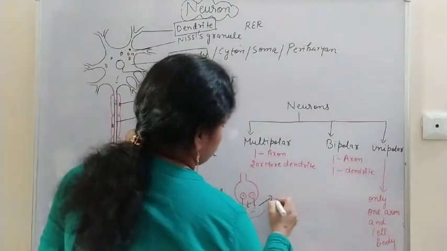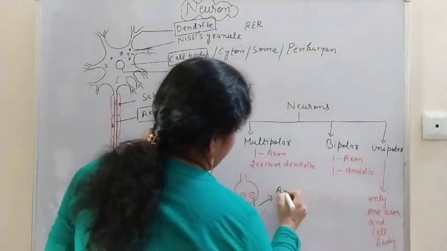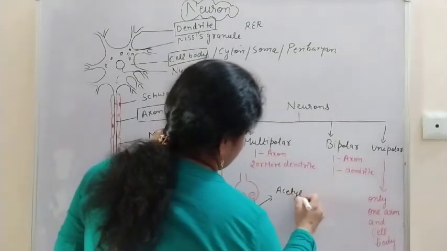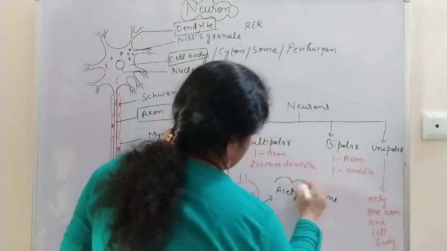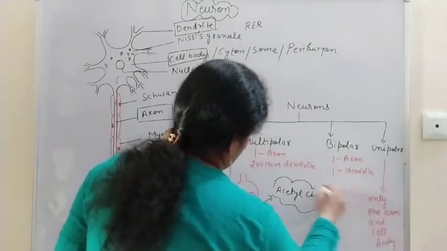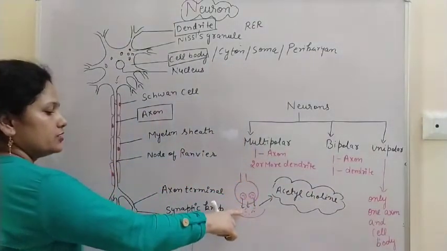A neurotransmitter, like you can say, acetylcholine. So this acetylcholine is the neurotransmitter, and it is released in the synapse.